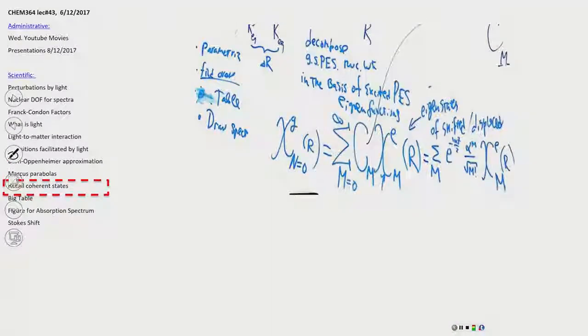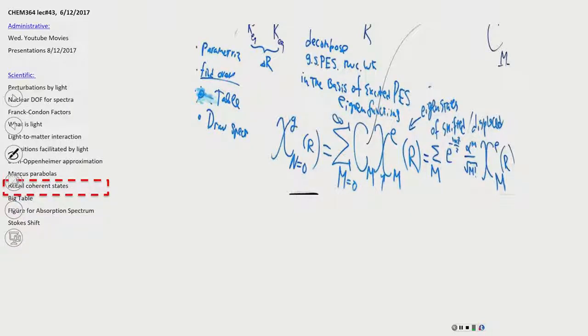One of the last lectures in the harmonic oscillator chapter was how to express a coherent state in terms of the ground state. So it's the ground state wave function times a parameter, the eigenvalue of the annihilation operator to the power m divided by the square root of m factorial, and then this normalization factor.